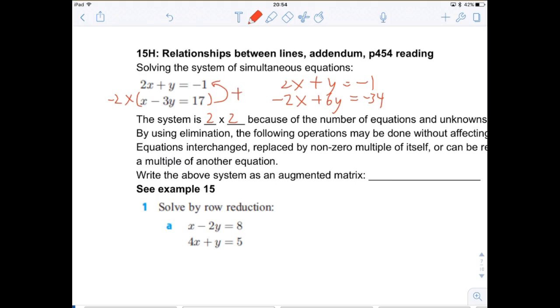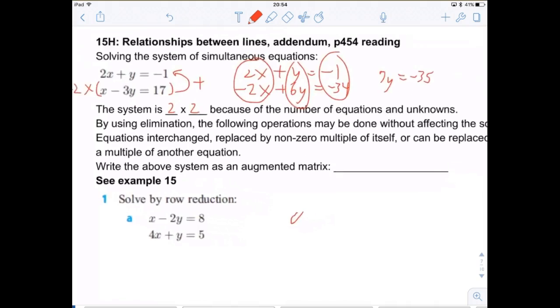And then if I add these, it becomes 0. If I add these, it becomes 7y. And if I add these, it becomes -35. So I end up with 7y equals -35, and y is -5, right? So you can see how the elimination strategy works, right?